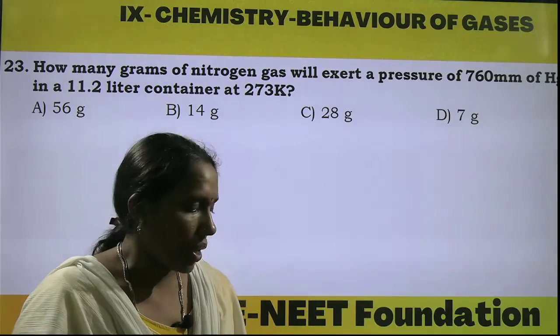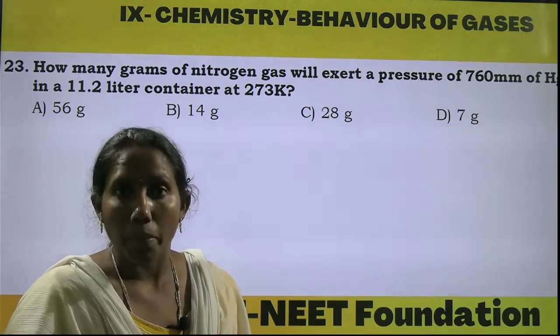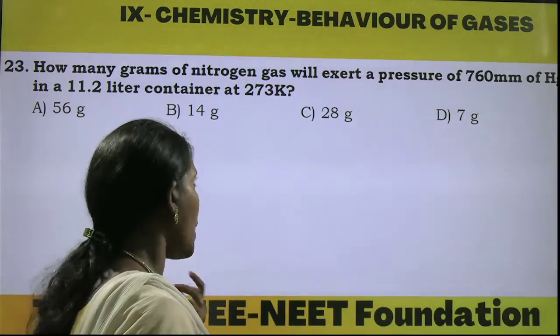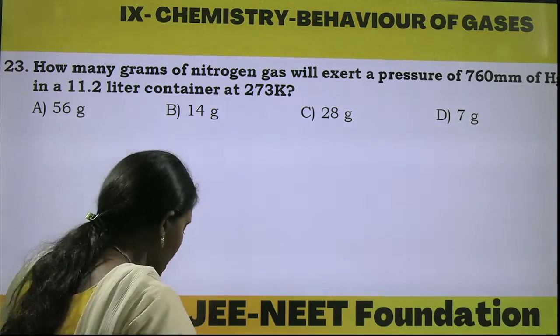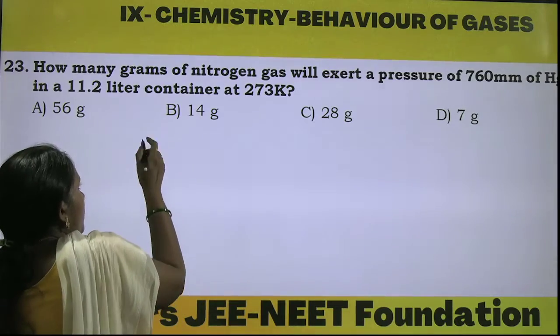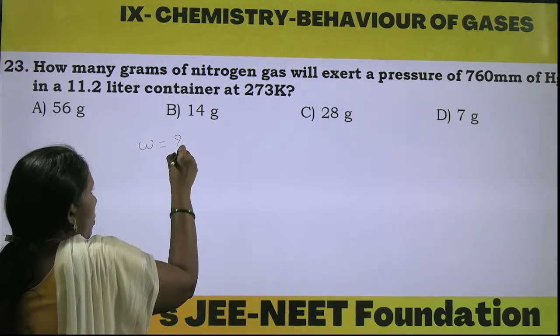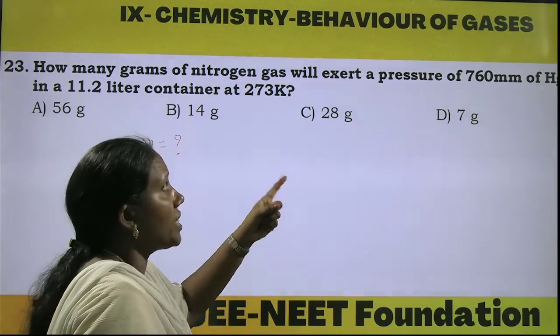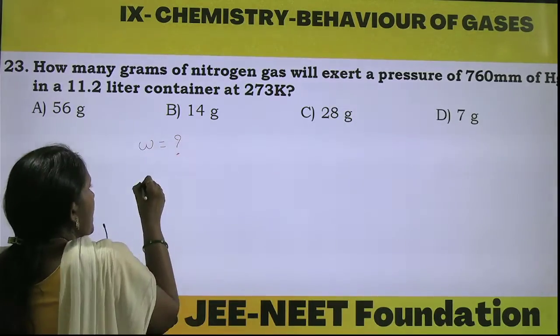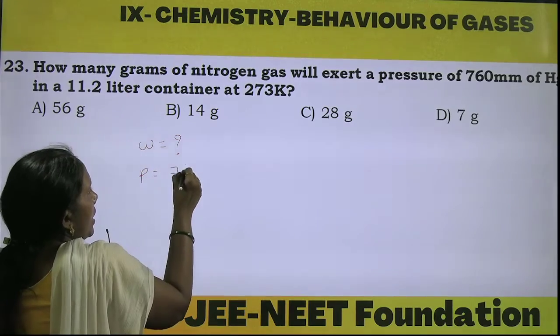Either pressure is given, volume is given or temperature is given. What is given we have to understand. How many grams of nitrogen? So he is asking to calculate weight. How many grams? So we have to find the weight first. Will exert a pressure. So how much pressure is given? 760 mm of Hg.